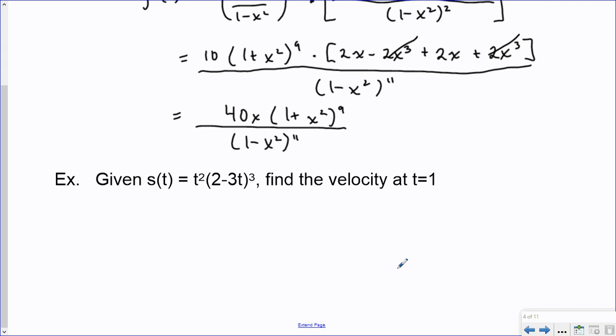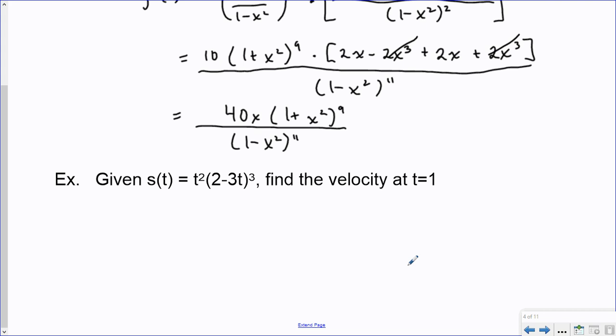Given a function s of t, a displacement function, find the velocity at t equals 1. Okay, I'm just going to cheat a little bit and see if I can find my notes for this one.